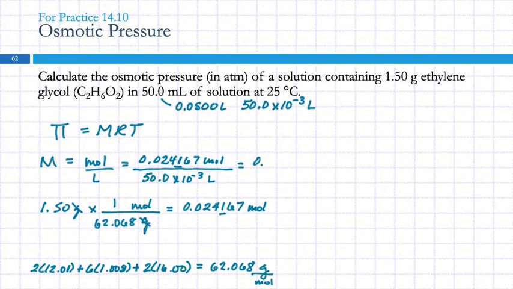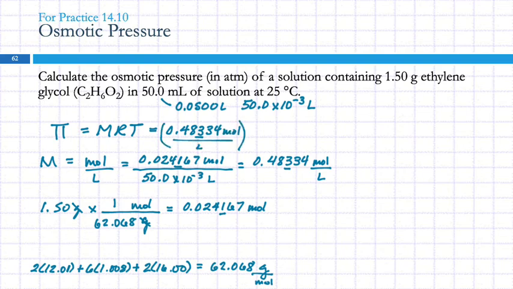So 0.48334 moles per liter. So that's the molarity, that's the first term, 0.48334 moles per liter. And then the ideal gas constant, 0.08206 liters times atmospheres over moles times kelvins. And then we've got 25 degrees Celsius, right?